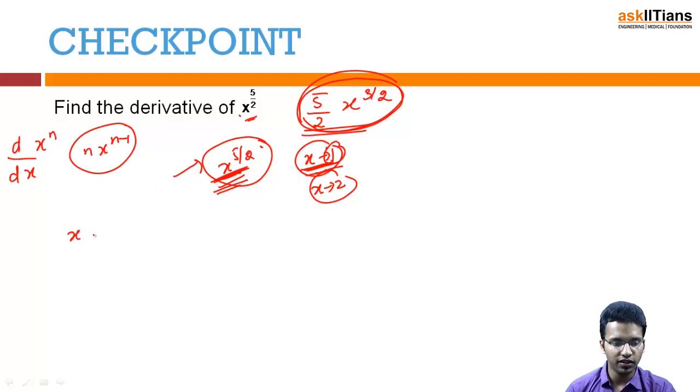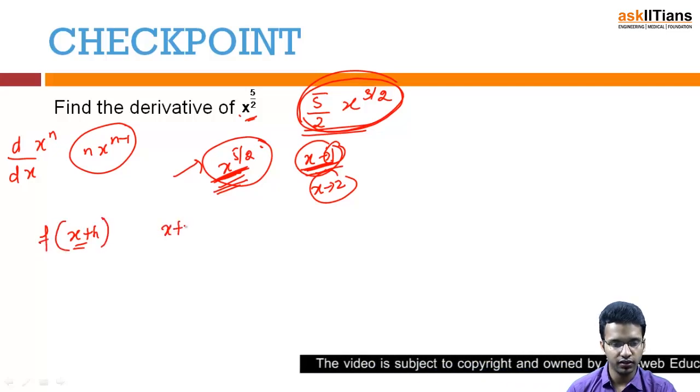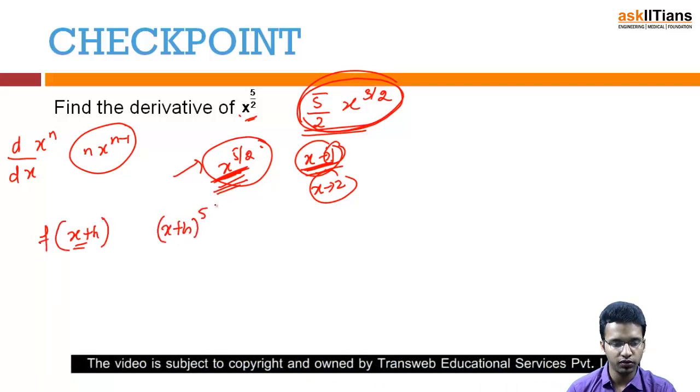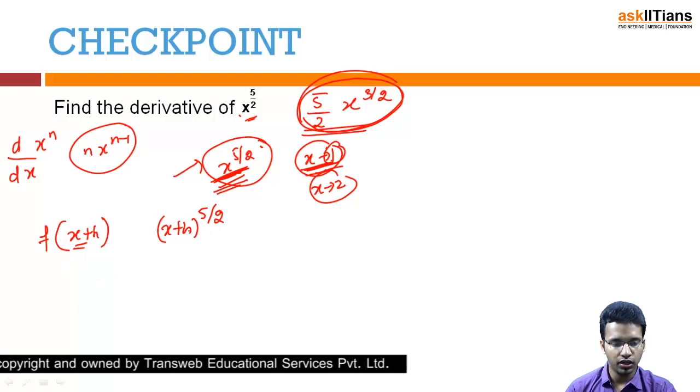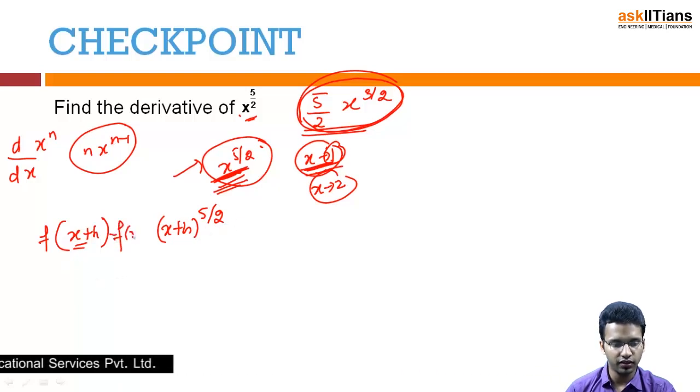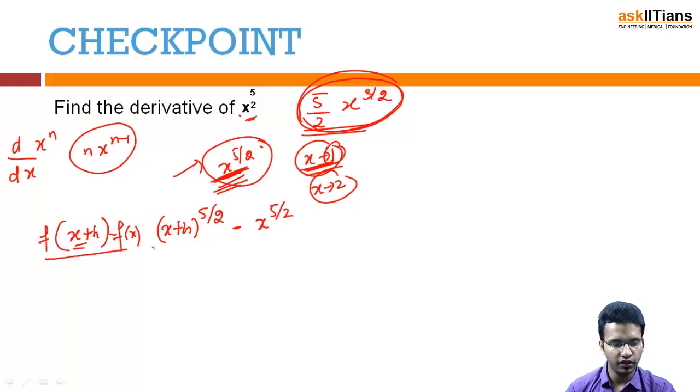So we will first write x plus h. f of x plus h will be x plus h raised to power 5 by 2, and minus f of x, that is minus x raised to power 5 by 2, divided by h. In most cases our aim will be to remove this h part.